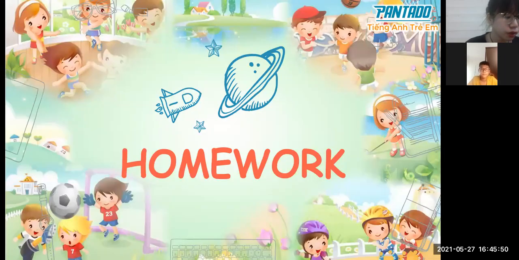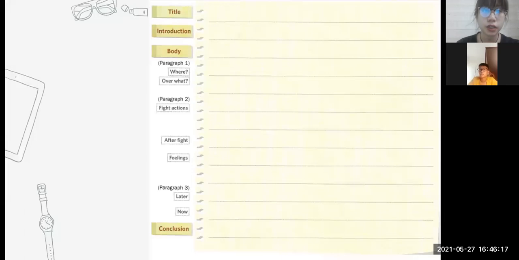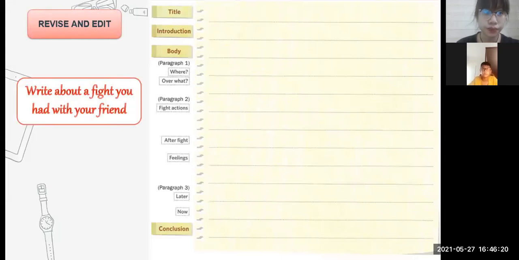So, your homework is that you have to complete the paragraph based on the general outline and also the draft we have done before. And you have to write a paragraph between 100 to 150 words. Write about the fight that you had with your friend.